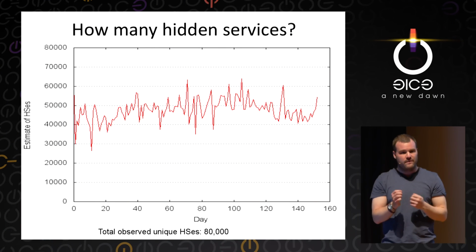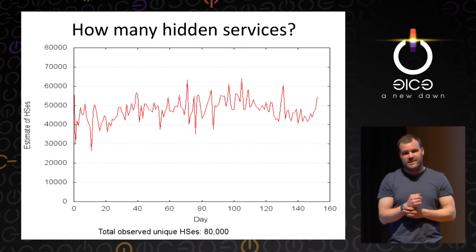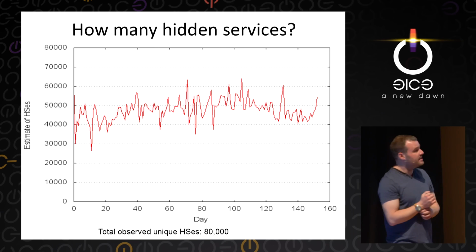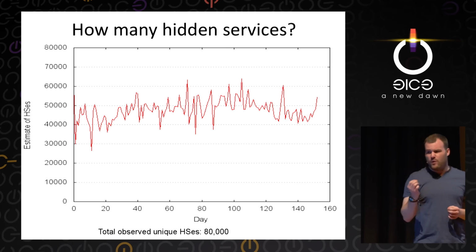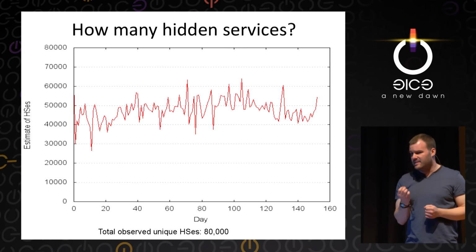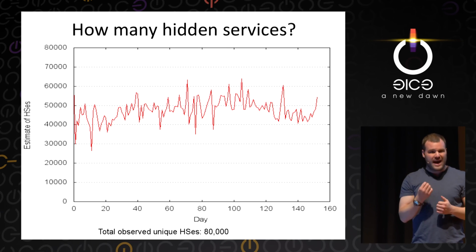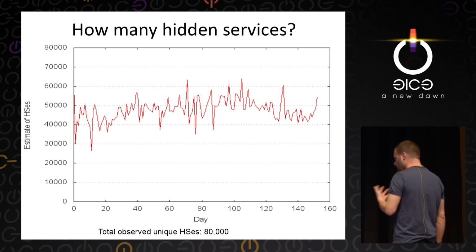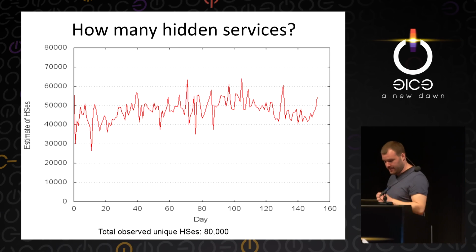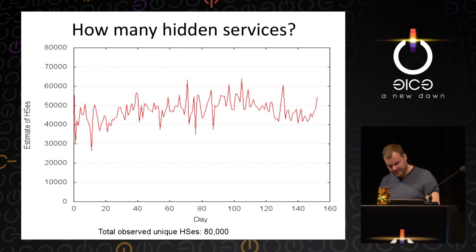So we're only observing a very small proportion of the total publications and requests every single day for each of those hidden services. Now, if you take the long-term average for this, there's about 45,000 hidden services that we think were present on average each day during our entire study, which is a large number of hidden services. But over the entire length, we collected about 80,000 in total. Some came and went.